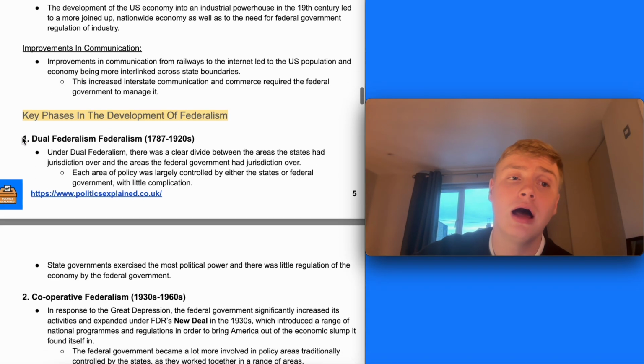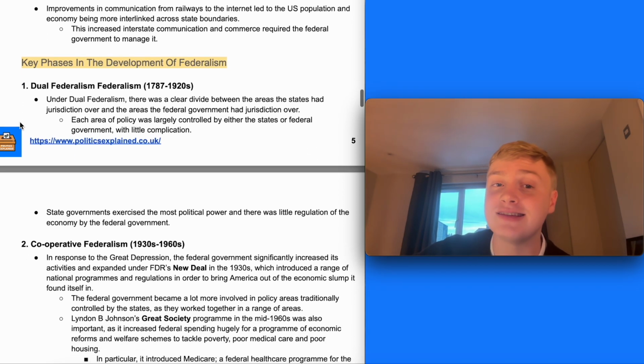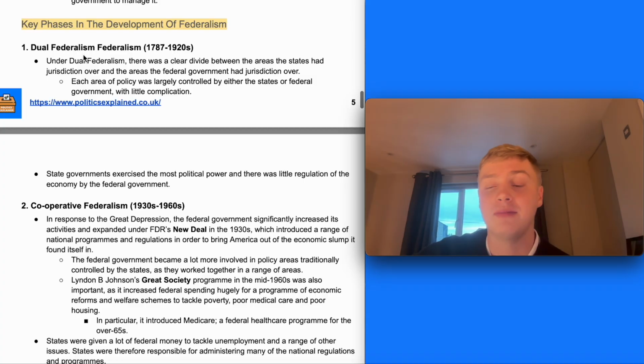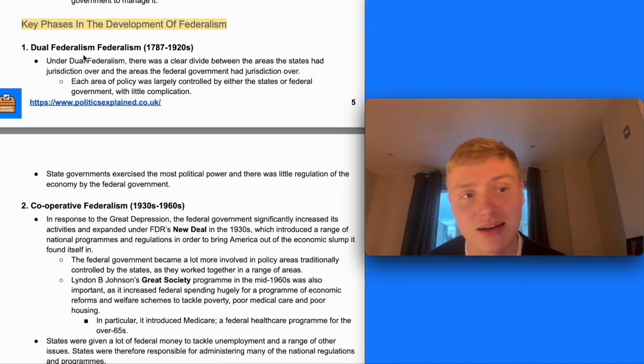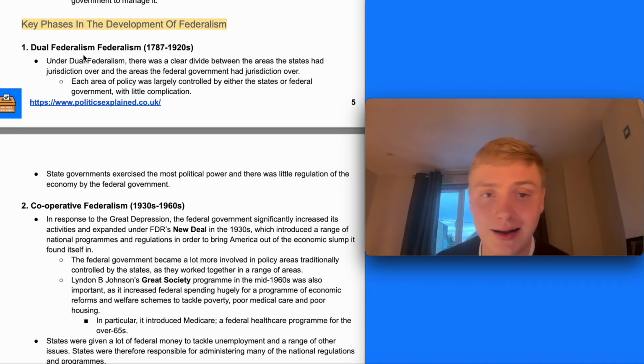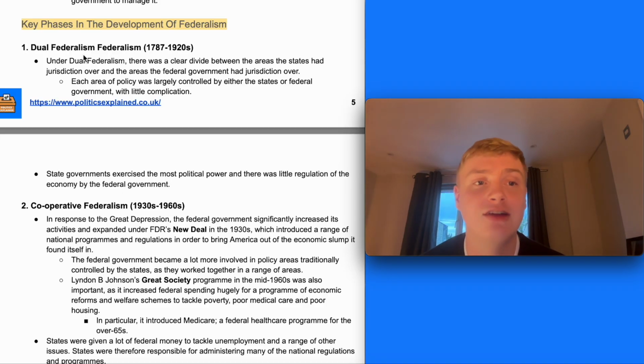There are a number of key phases in the development of federalism, each with different names that can be really useful to bring into your essays and understand. So from 1787 to the 1920s, there's what's been called dual federalism. And this is effectively federalism as originally intended by the Founding Fathers. So there's a very clear divide between the areas the states had jurisdiction over and the areas the federal government controlled.